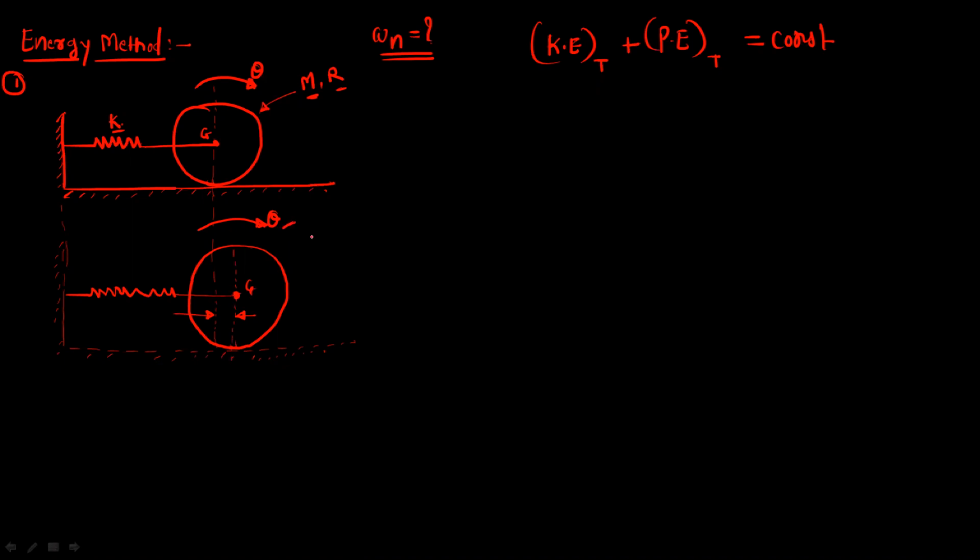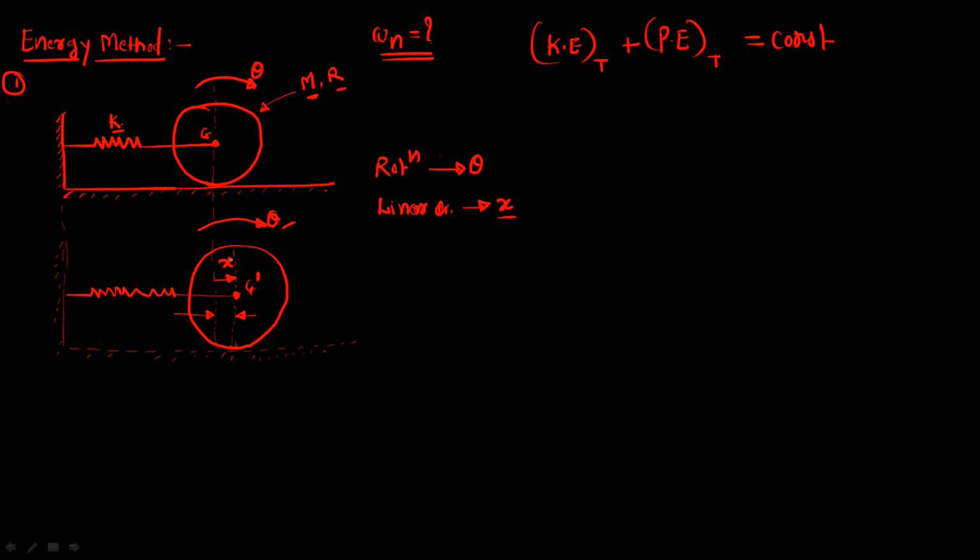Here you can observe two motions simultaneously. One is the rotation of the disk, corresponding to angular displacement theta, and second is the linear displacement. Linear displacement we should consider for the center of gravity, that is x. This is the linear displacement with respect to its equilibrium point, that is G, and this is the displaced point, that is G dash.